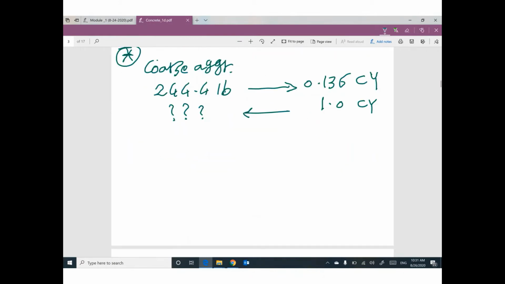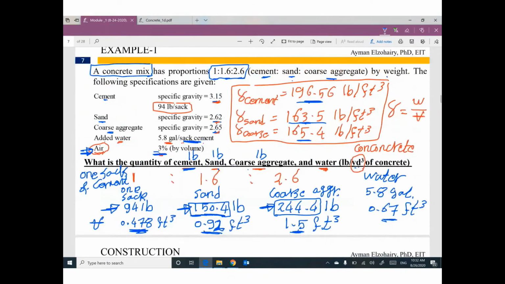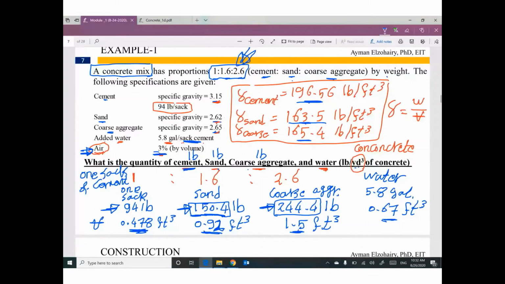So the problem is asking for how much cement in pound, how much sand in pound, how much coarse aggregate in pound to produce a cubic yard of concrete. So the idea is this ratio. And I assumed we have only 1 sack of cement, which is 94 pound.